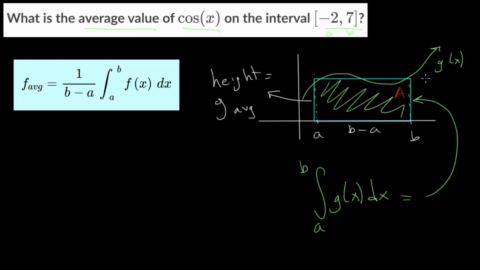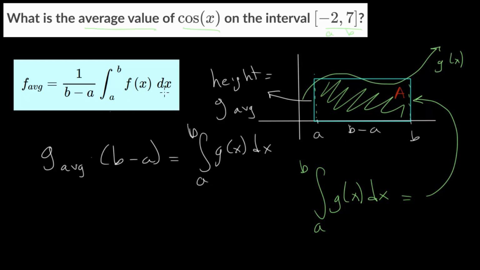Since both of these areas are equal, the area of the blue rectangle and the area underneath this curve, we can set those equal to each other. The area of our rectangle, which is the average function value multiplied by the base, b minus a, is equal to the area underneath the curve, which is the integral from a to b of g of x dx. And to get this formula, we just divide each side by b minus a.